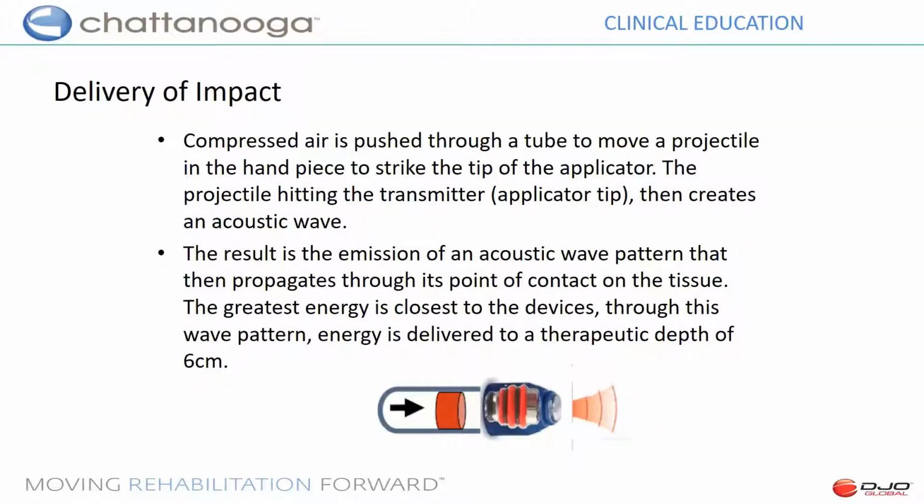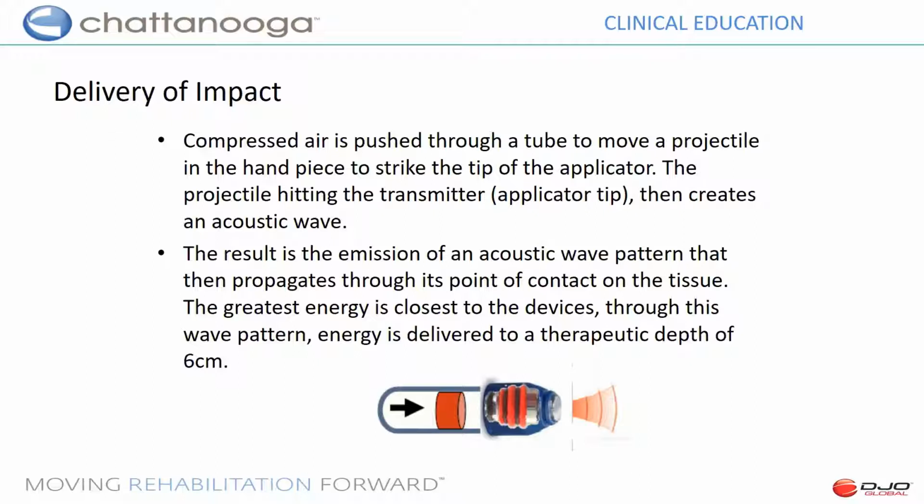With focused shock wave, we're using an electromagnetic coil to generate that through a membrane. Water is the medium through which it transmits, creating that acoustic wave, and it goes through some ultrasound gel into the tissue. With radial pressure wave, and in this case we're using a pneumatic device, there's a compressor inside the device that emits air pressure through a tube to the applicator.